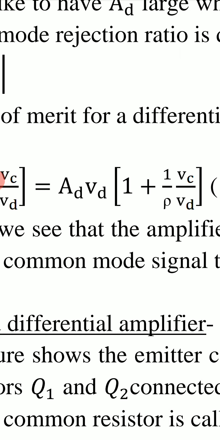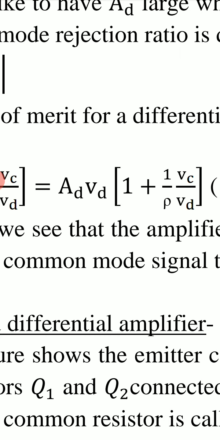So for an ideal differential amplifier, this second term inside the bracket should be negligible, and this term will become negligible only when rho is large compared to the ratio Vc upon Vd.